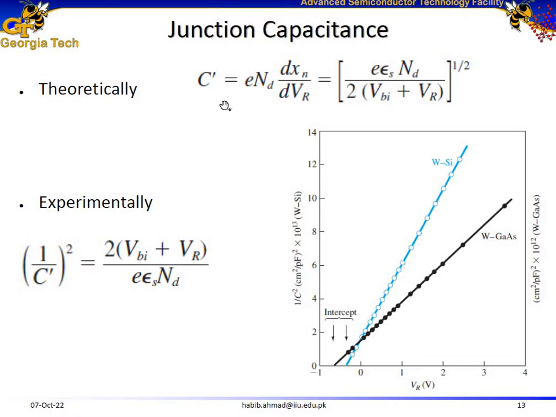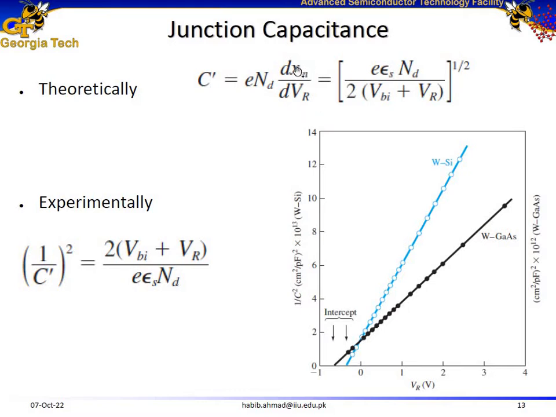How do you calculate the capacitance? We know that charge is equal to capacitance times voltage, which means capacitance is going to be equal to charge, which is E and D dxn divided by dVr.